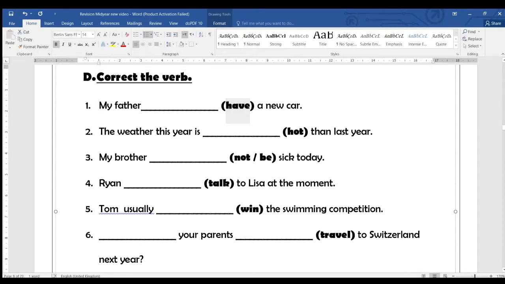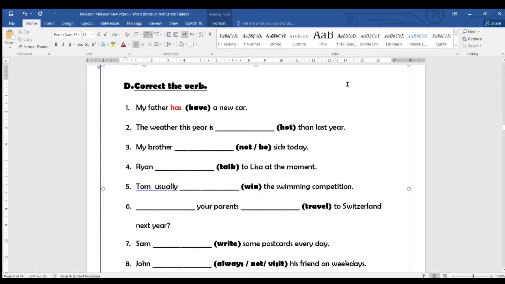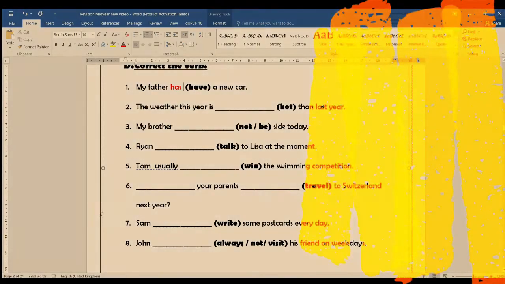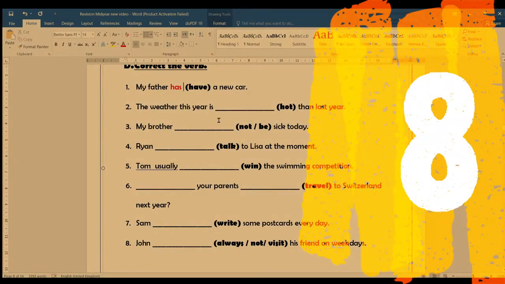So with my father, which is he, what do I do with the verb have? It's going to be has. Excellent. So I'm going to write here has, and that's it. I've finished number 1. I want you to finish all. So now you just need to pause the video, finish until number 8, then come back to watch the rest.